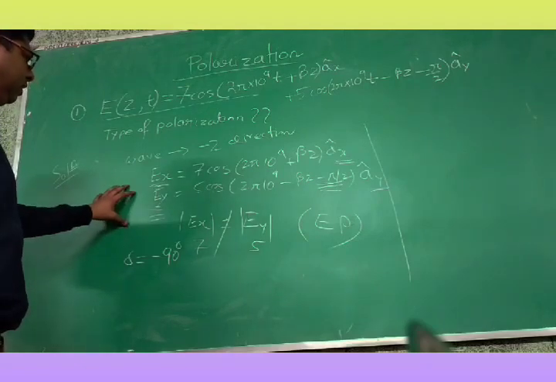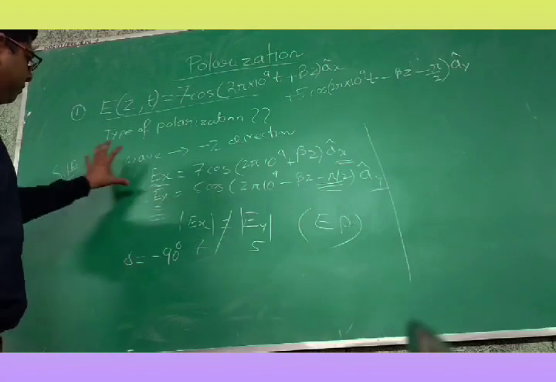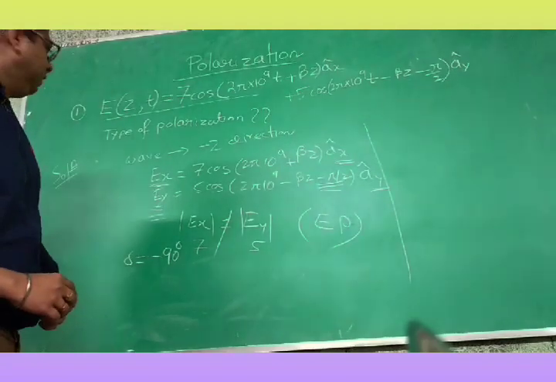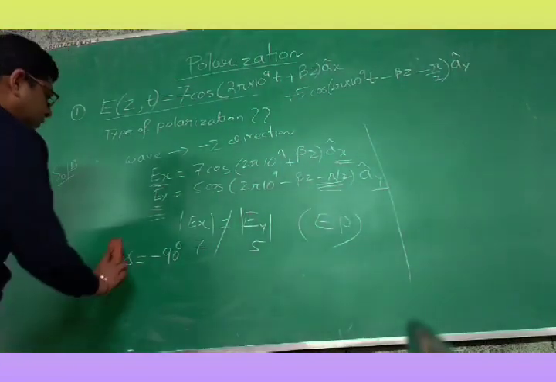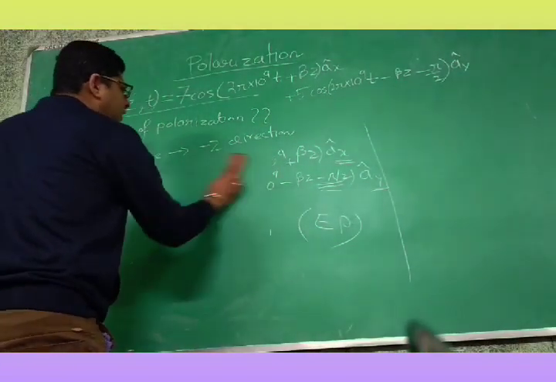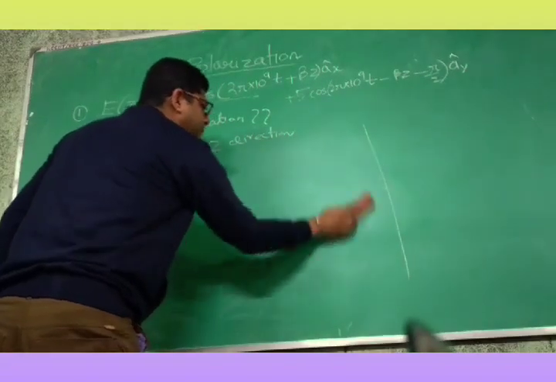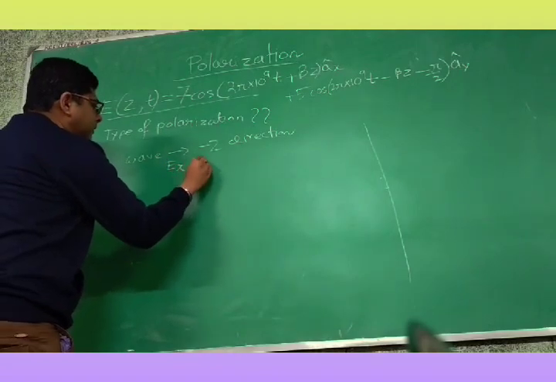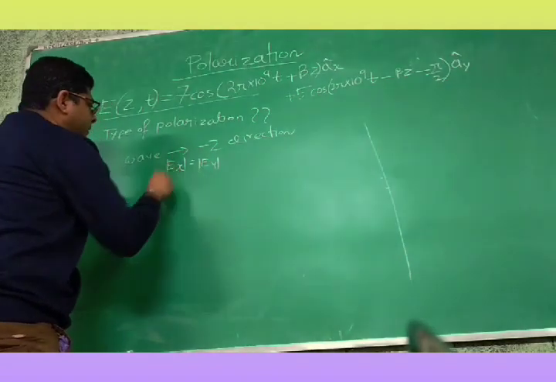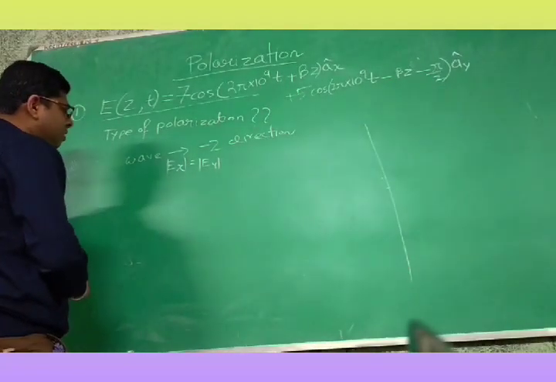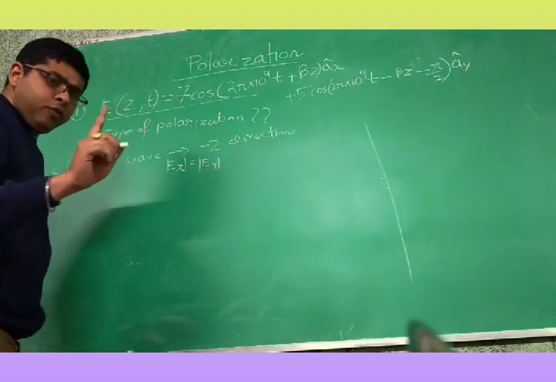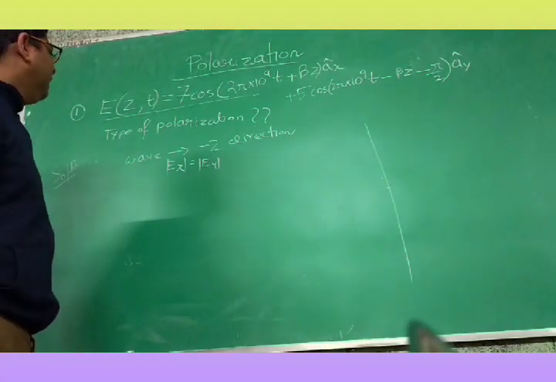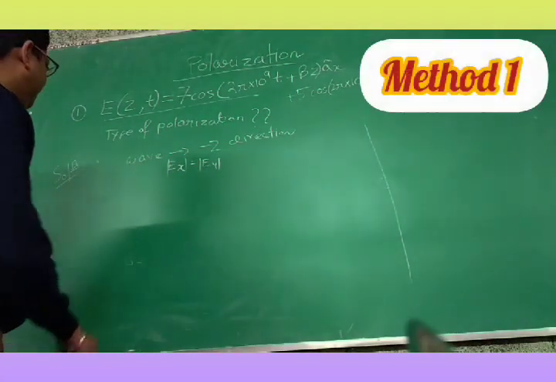Now let us see how this x and y will be oriented. Let us try to draw it here. One thing is clear: this will be elliptical polarization, that is Ex not equal to Ey. For the sake of convenience, since we are doing this for the first time, let us place it this way.